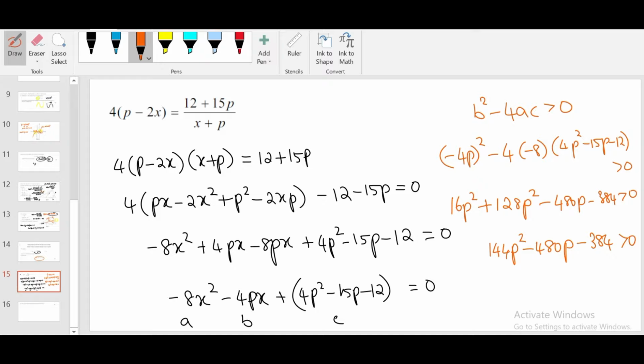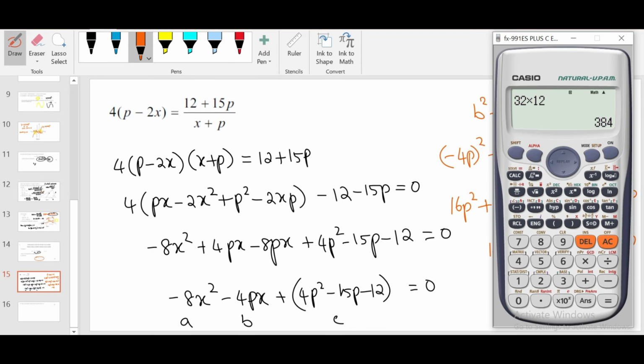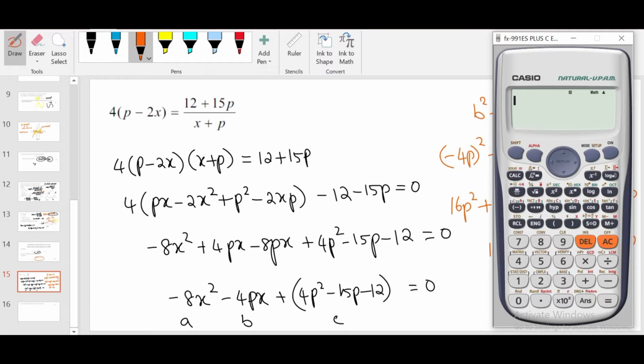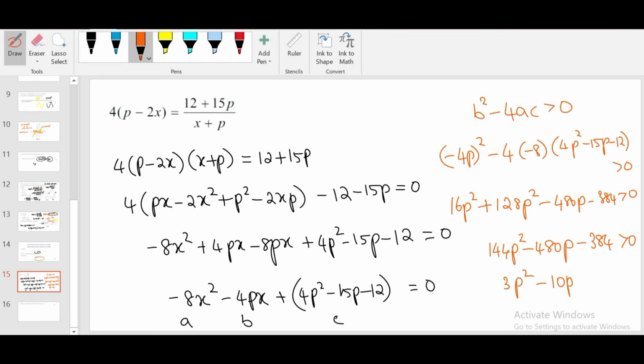If we divide everything by 48, why 48? Because we need to have minus 10p in the answer. So when I divide 144 by 48, I get 3p square. 384 by 48, I get 8.